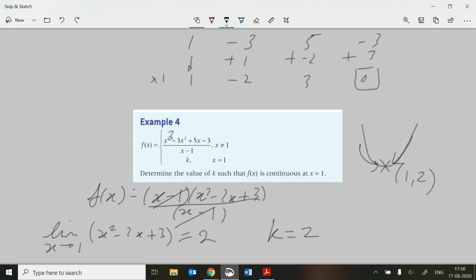Okay, so this is not quite the same as this thing here, and that's quite a subtle point, to be honest. Although this simplifies to this, it only simplifies to this under the conditions that x is not actually equal to 1. So this function is not equal to this function, but it turns out that it is equal to this function here if you then define this bit here as well.